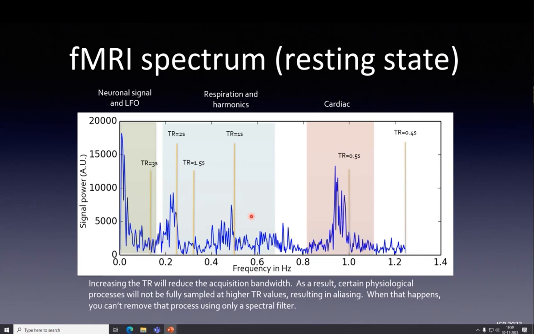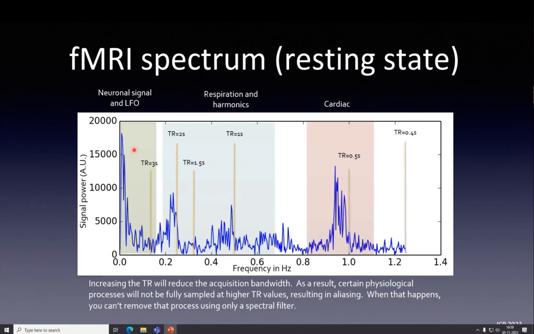So that's fully digitized. You can use it. You can motion correct without aliasing, and you can just apply a high pass filter. If you're doing fMRI, everything you care about is in this green band. And so that means you just need a TR of 3 seconds to see that. But all of this other stuff is just going to fold back into there if you haven't dealt with it in some way.